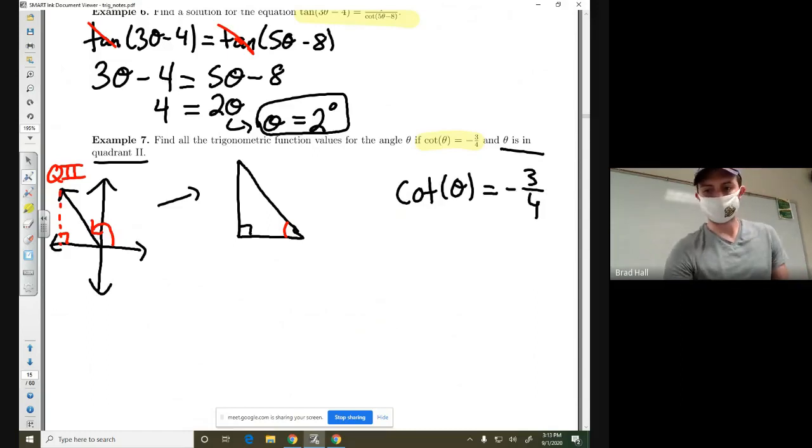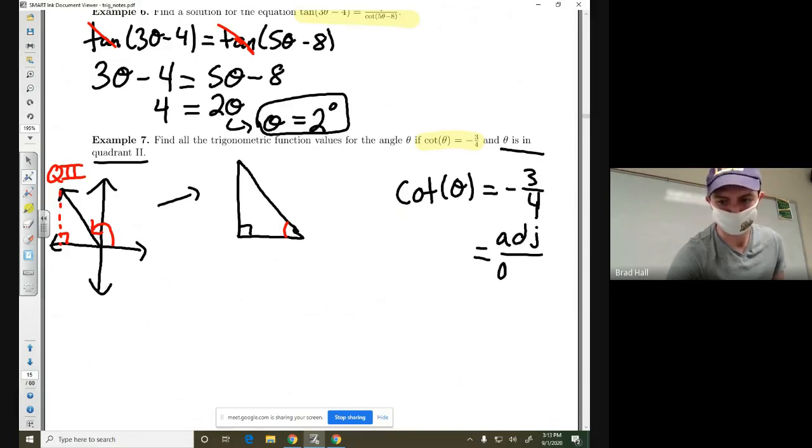How does that help us fill in the triangle? That's adjacent over opposite. It's adjacent over opposite. So the bottom side's going to be 3, and then the long side's going to be 4. Not the hypotenuse. So this is in fact adjacent over opposite. Then I'm going to ignore the negative sign for now.